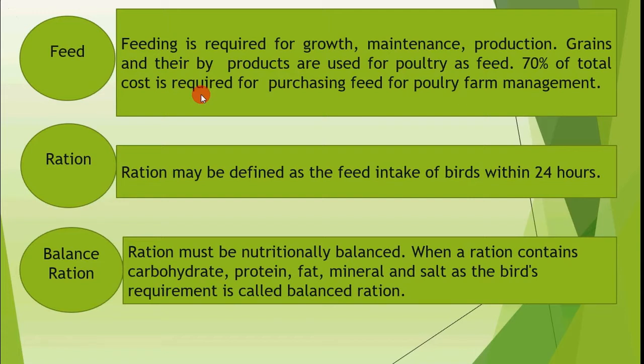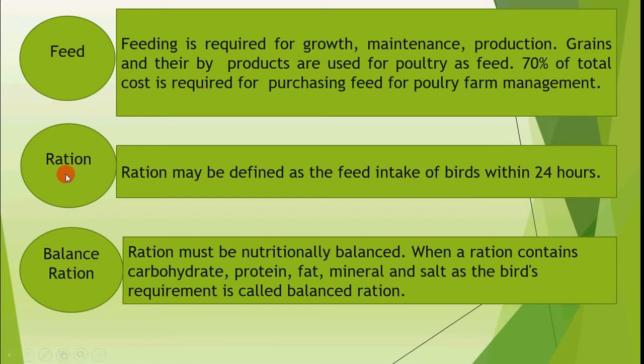That means this is more than 50% of the cost. And what is feed then? This feed provides energy, and feed is required for growth, maintenance and production. And poultry can get this feed from grains and byproducts.